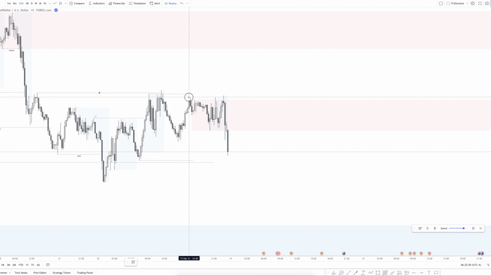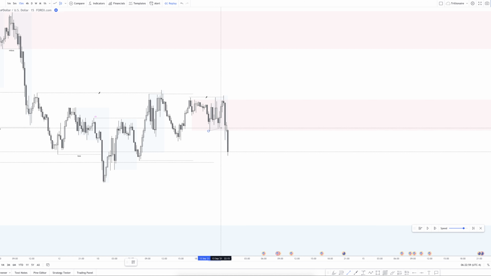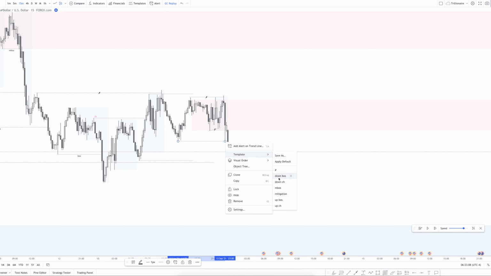So we have liquidity that was built here. Liquidity that was built here. Price just swept this liquidity. We have a minor break of structure here.